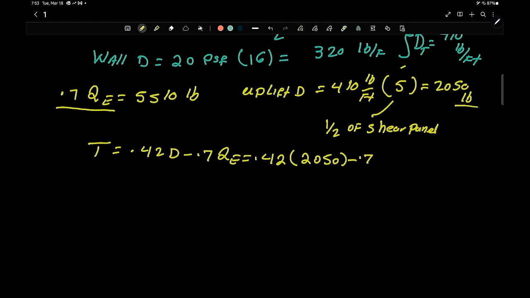I forgot about that. And that will give us T is equal to... no, let's use my calculator here.